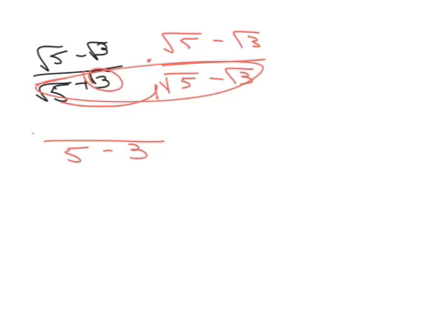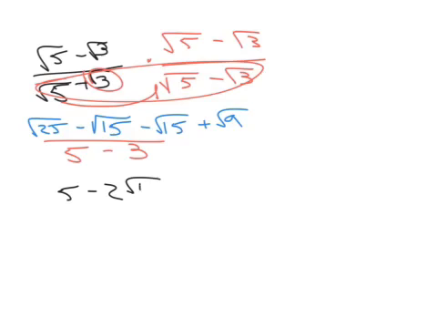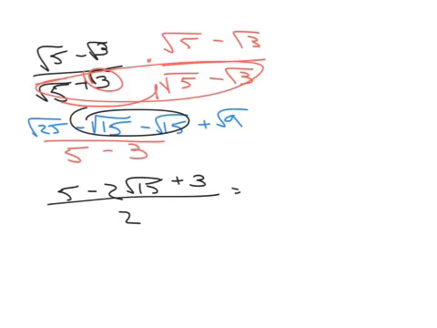So my f is going to be first, outside, 5 times 3, inside, 5 times 3, and last, square root of 9. So that gives me on top, square root of 25 is 5, minus 2 square root of 15, plus square root of 9 is 3, over 2, equals 8 minus 2 square root of 15 over 2.